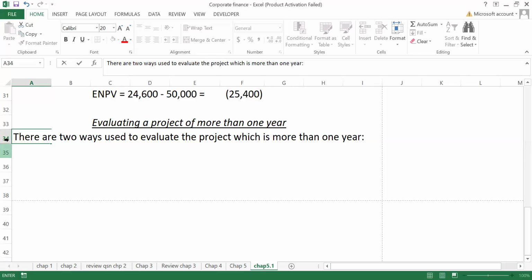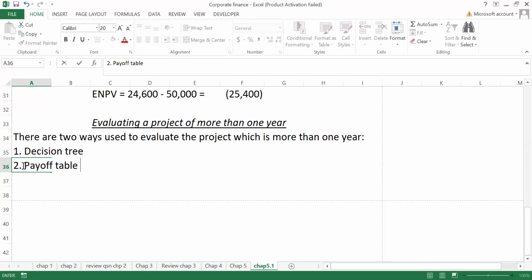Number 1 is what you know, using a decision tree, and number 2 can be a payoff table. You can have a decision tree, or you can use a payoff table.